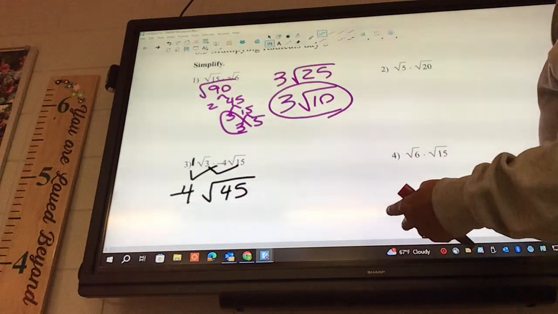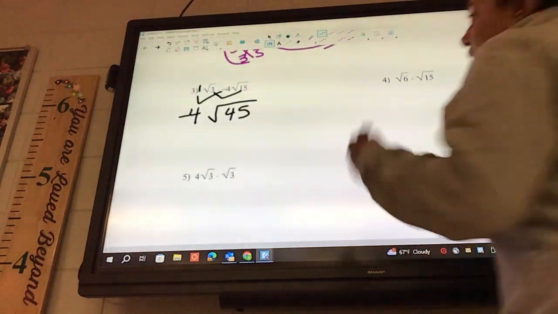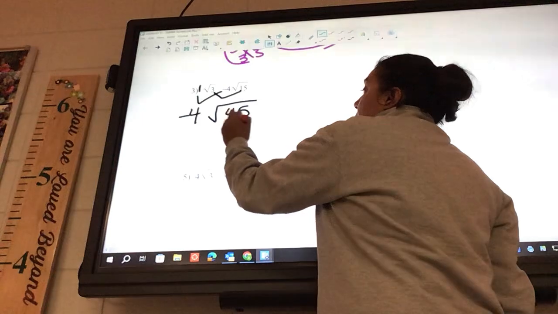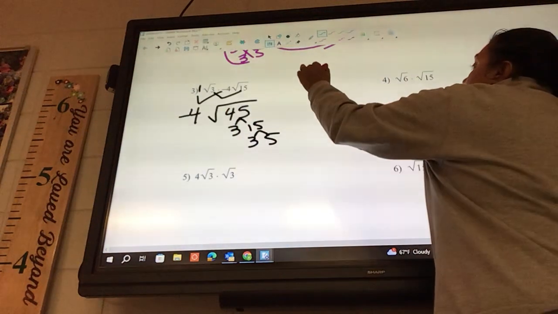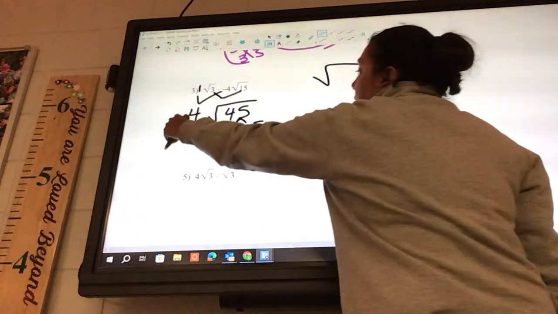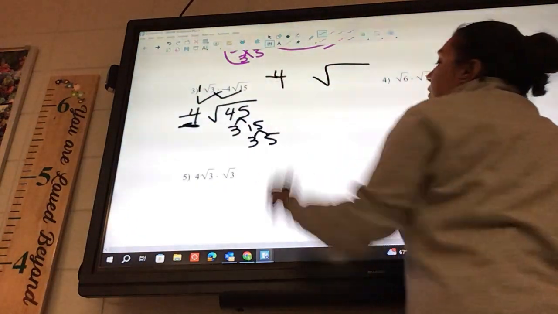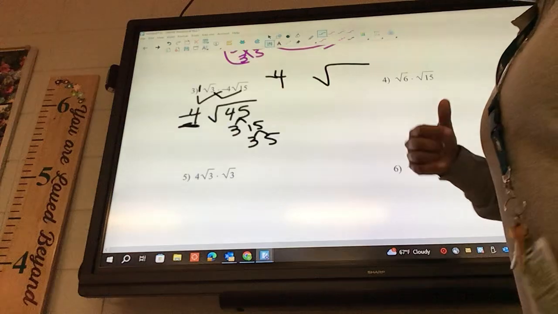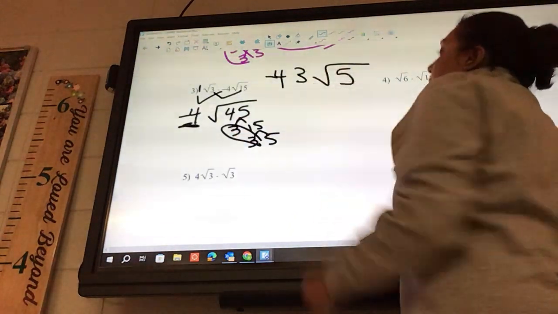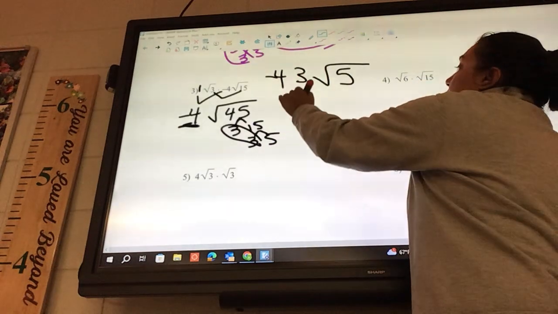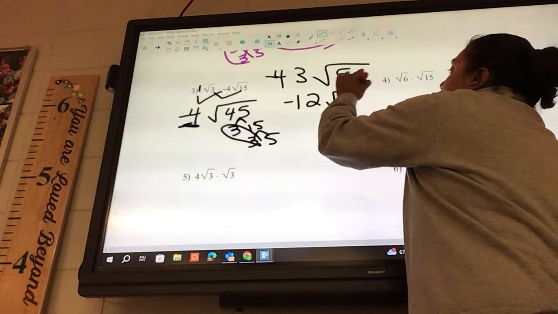You've kind of already done some of these radicals like that. So the 45 is going to be 3 times 15, 3 times 5. When I'm drawing my radical, I already know I have a 4 out here for starters, so that needs to get placed back there. The 3 and 3 can go, and then the 5 has to stay. So it's going to look like negative 12 square root 5.